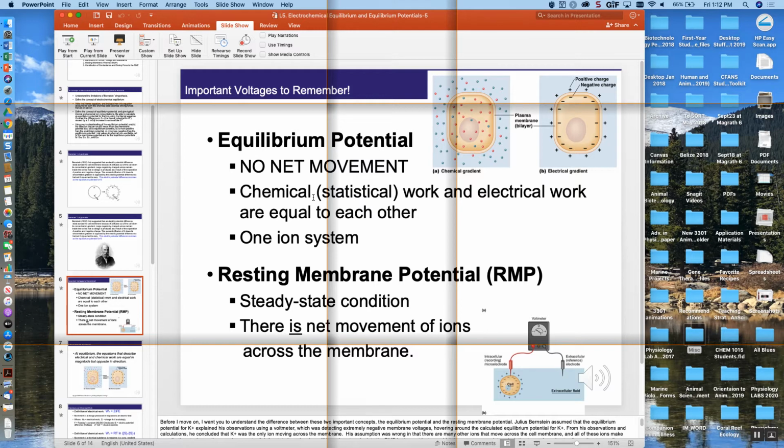This could happen under experimental conditions if I passed a current. I could force the membrane potential to plus 100, or I could open up a calcium channel, and that would pull the membrane potential towards the equilibrium potential for calcium, which is plus 119. Okay, so either way, now our resting membrane potential is plus 100 millivolts.